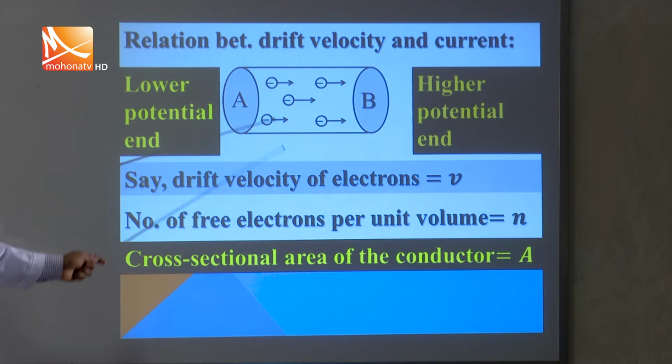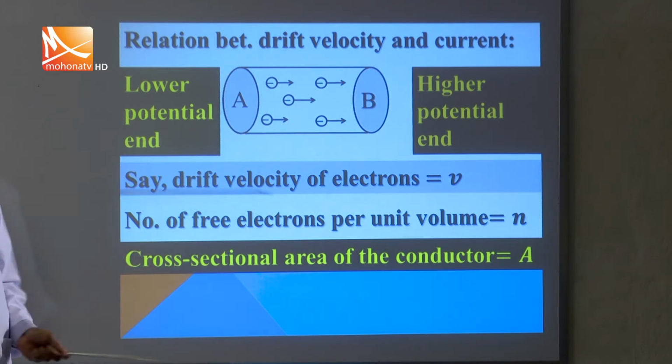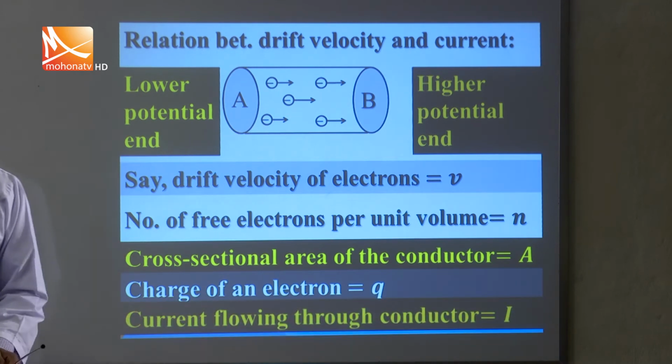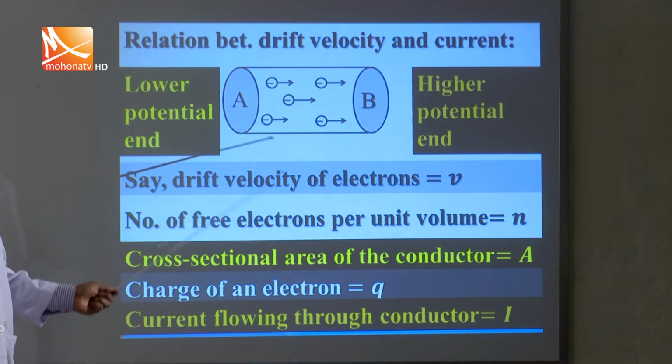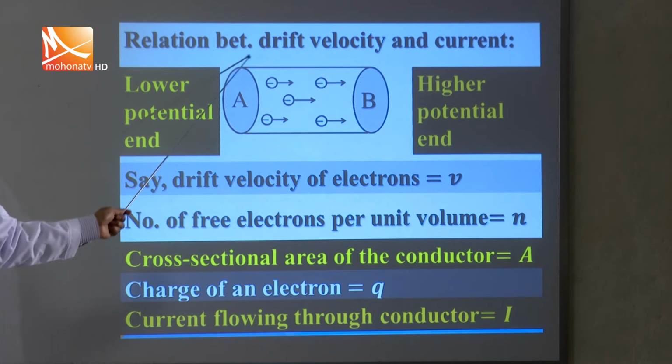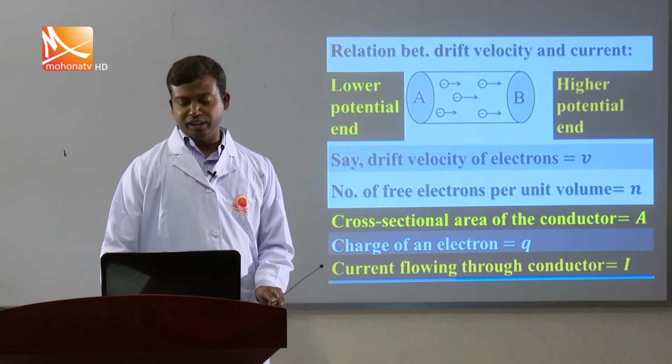The cross sectional area of the conductor is A, and consider the electricity flowing through this conductor, that is, the value of current is I. Now, how many electrons flow in a small time dt through any cross sectional area of the conductor?